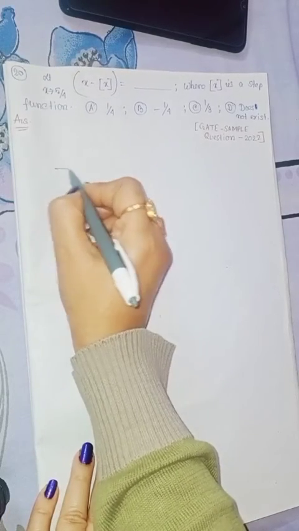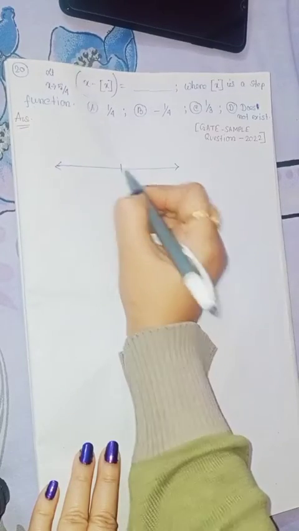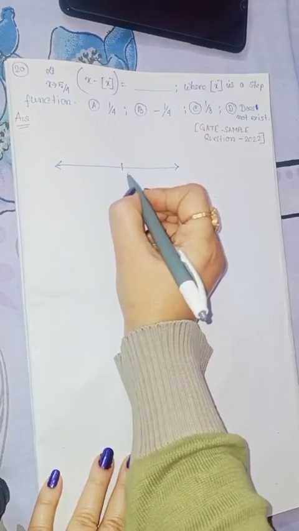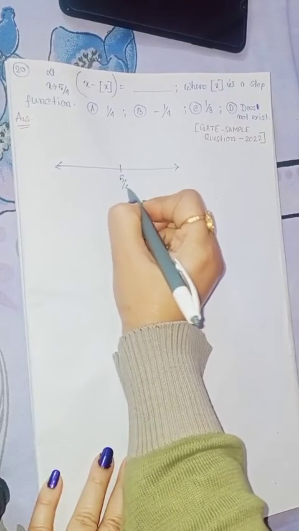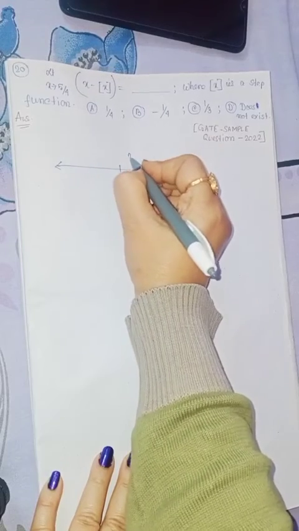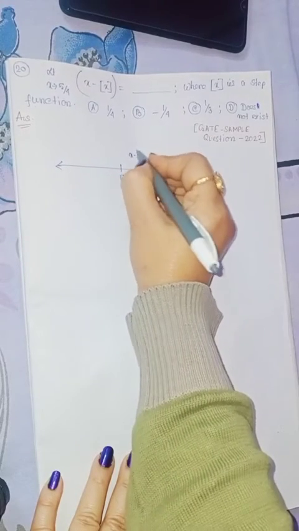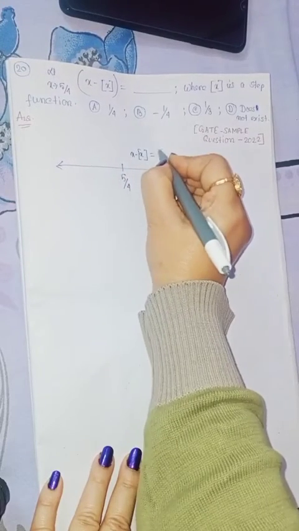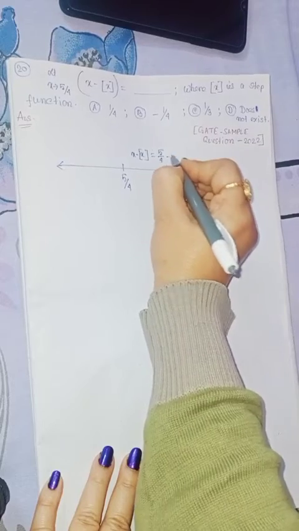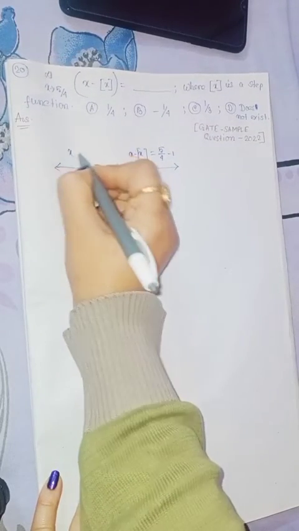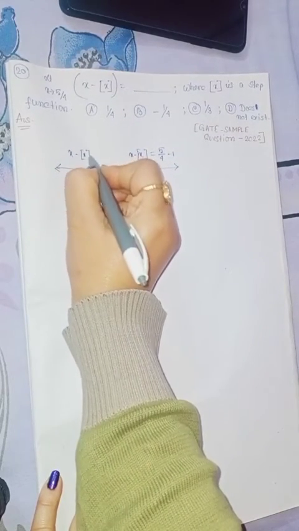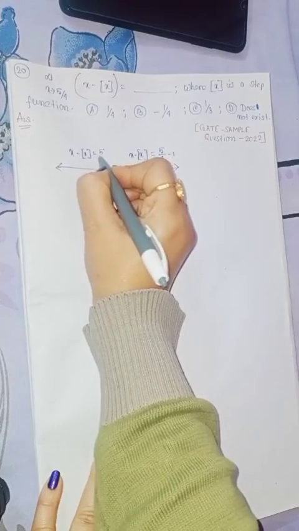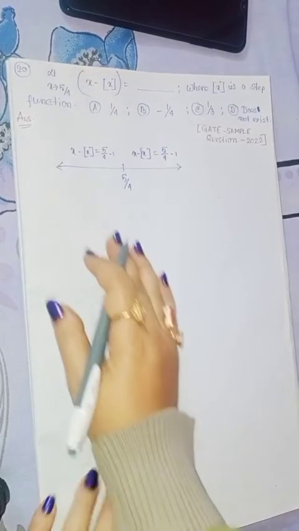Now limit x tends to 5 by 4 of x minus floor of x is the function given here. So just plot it on the number line. This is the number line and here is the point 5 by 4. So now x minus floor of x is equal to 5 by 4 minus 1 here.